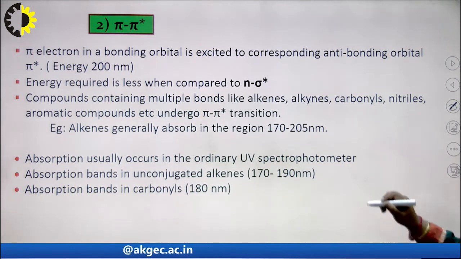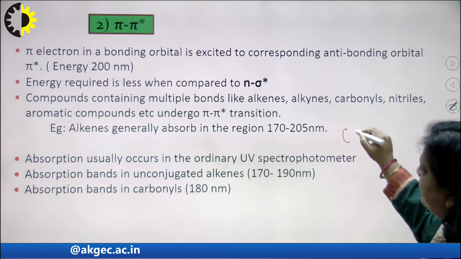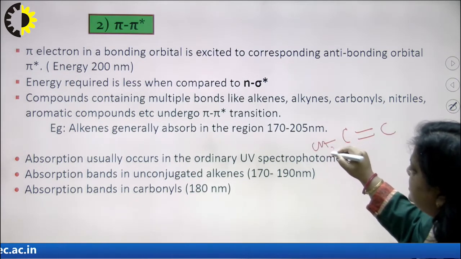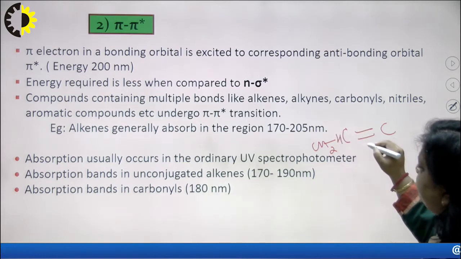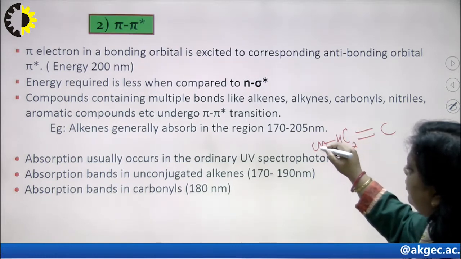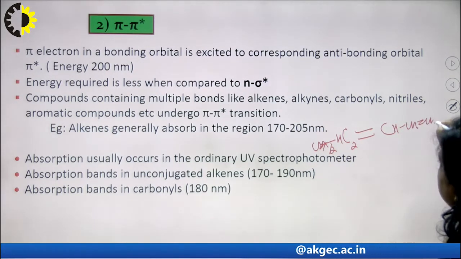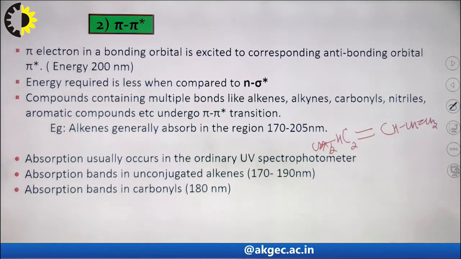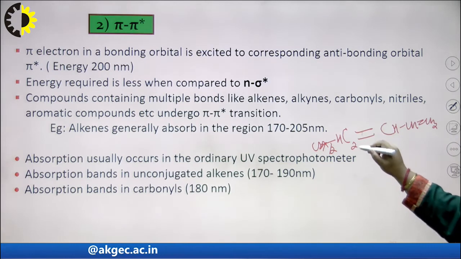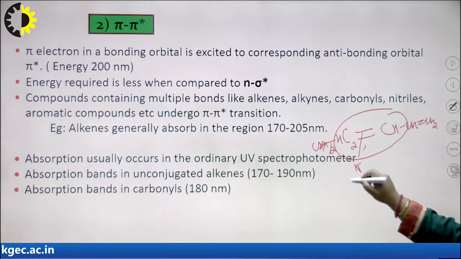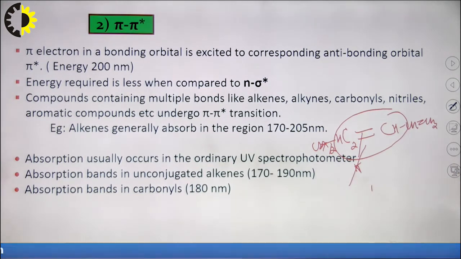Pi to pi star means if unsaturation is there, for example, butadiene, CH2 double bond CH, single bond CH, double bond CH2. In this butadiene there is no heteroatom, that is no n electron, but double bond is there. Double bond is there means pi electron is there. So, in this molecule which type of transition is possible?